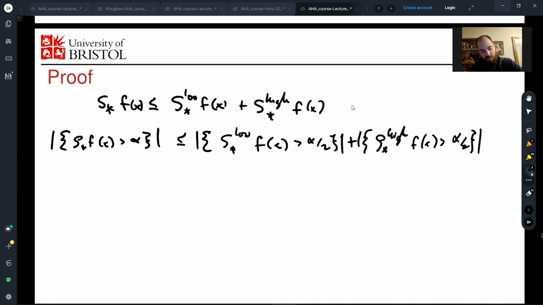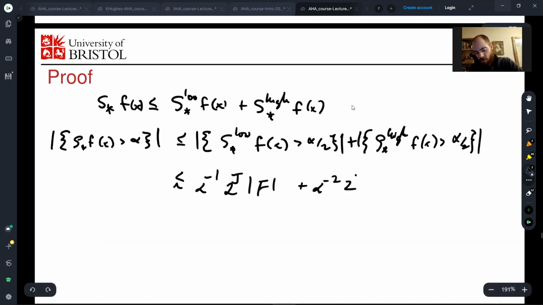And I apply those two bounds from before. So that's at most, up to some constants, alpha to the minus 1, 2 to the j, the volume of that set F, plus alpha to the minus 2, 2 to the minus j times d minus 2, volume of the set F.